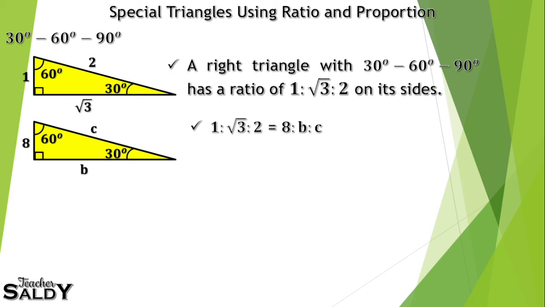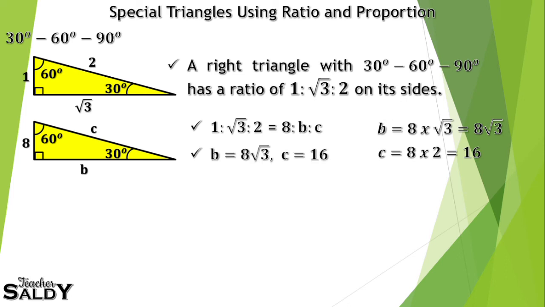As you can see, the hypotenuse is twice the smallest side. So, we can get B as 8 times square root of 3, which is equal to 8 square root of 3, because the base is square root of 3 times the height. Next is the C, or the hypotenuse, which is twice the smallest side, or twice the height, which is equal to 16.